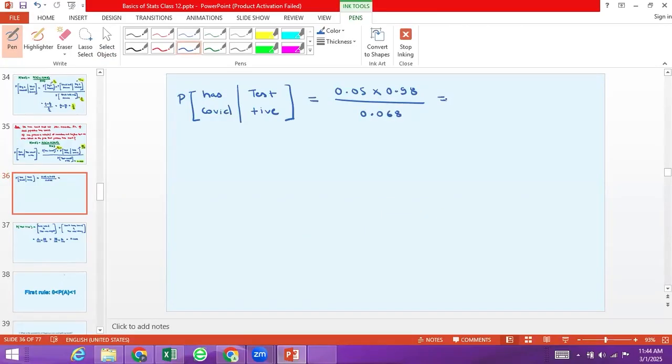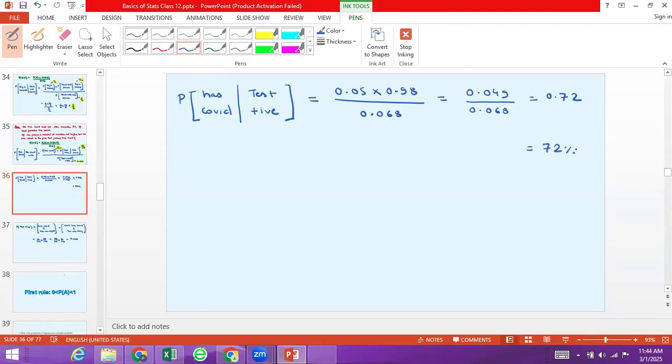Okay, so let's calculate. 0.05 multiplied by 0.98 is 0.049, divided by 0.068. This is approximately 0.72, which is equal to 72%.